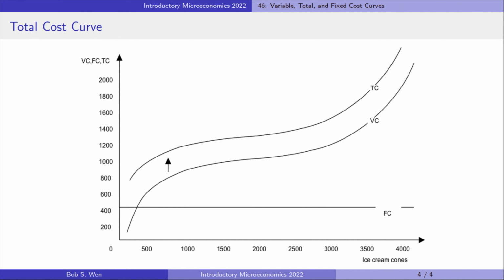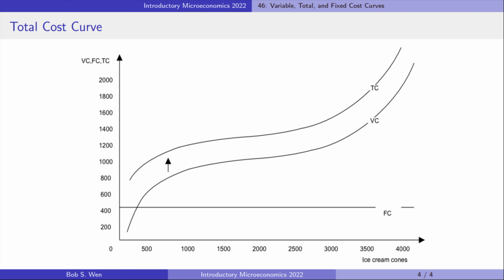In the graph, for each point in the variable cost curve, we increase each point by $500 upwards to obtain the total cost curve. Because variable cost changes with the level of output, total cost also varies with the level of output.